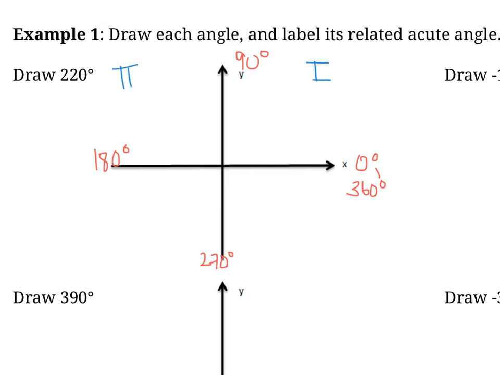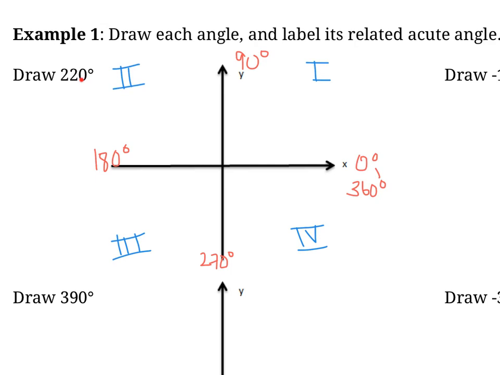This quadrant is quadrant 2. The quadrant beneath it is quadrant 3, and next to it is quadrant 4. So when we speak about each of these sections, we call them quadrants, and we have numbers for them. When an angle opens up, it starts in quadrant 1, then goes to quadrant 2, then 3, and then 4.